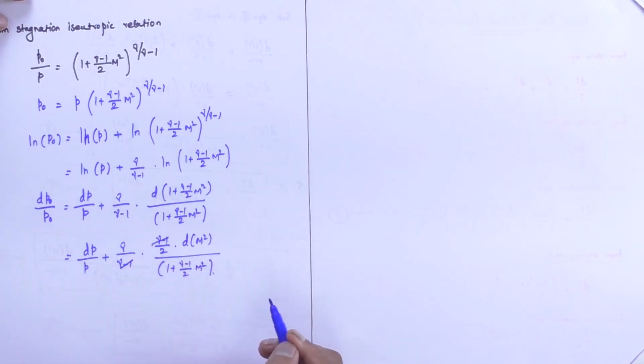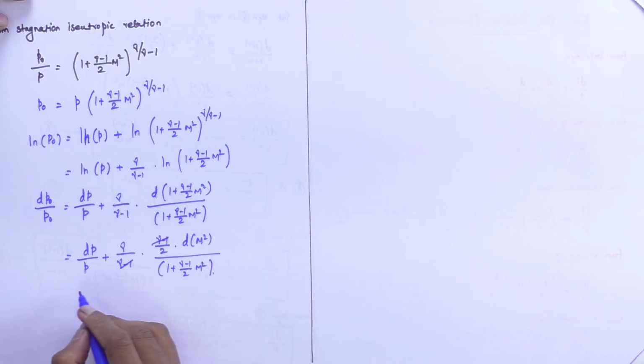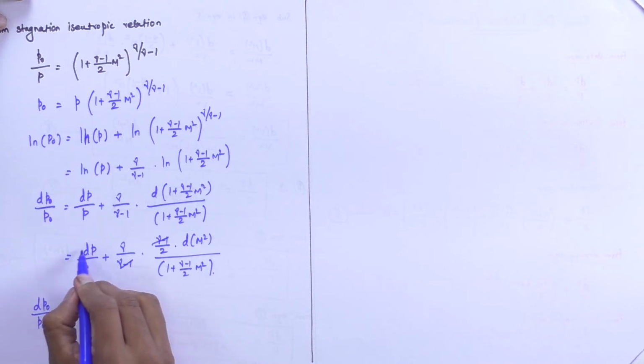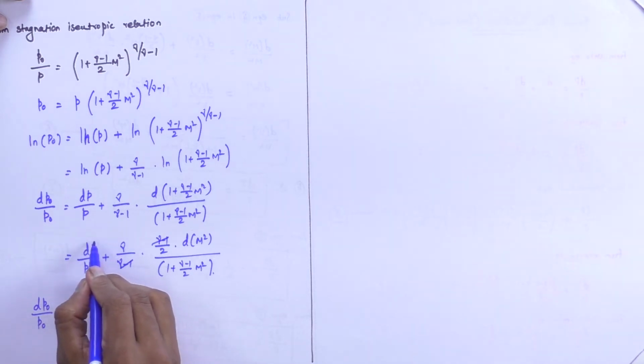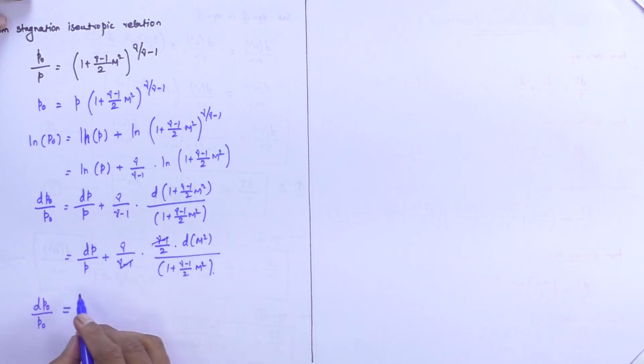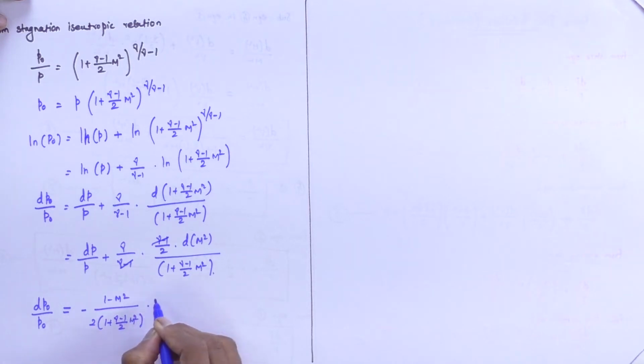These two will get cancelled. After simplification, and after substituting P as a function of Mach number variation, we will get dP naught by P naught as minus (1 minus M squared) divided by (2 into (1 plus (gamma minus 1) by 2 M squared)) into d of M squared divided by M squared.